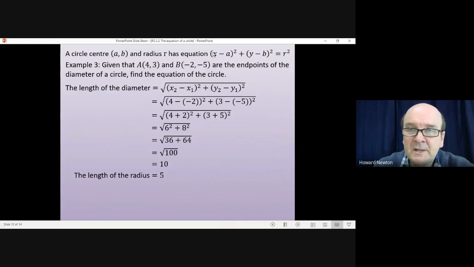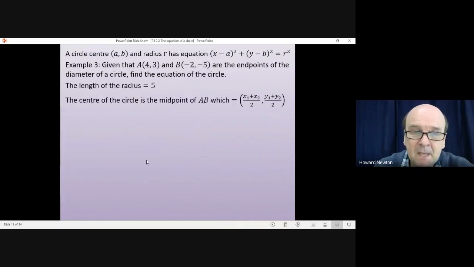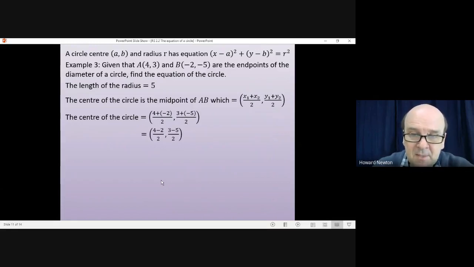We've worked out r, now we need to work out the center of the circle. So that's what we've done so far. The center of the circle is the midpoint of AB, which is the average of the 2 x coordinates and the average of the 2 y coordinates. So that gives me (4 plus -2) divided by 2 and (3 plus -5) divided by 2. That tidies up to that, which gives me 2 over 2 and -2 over 2, which gives me (1, -1) for the center of the circle.